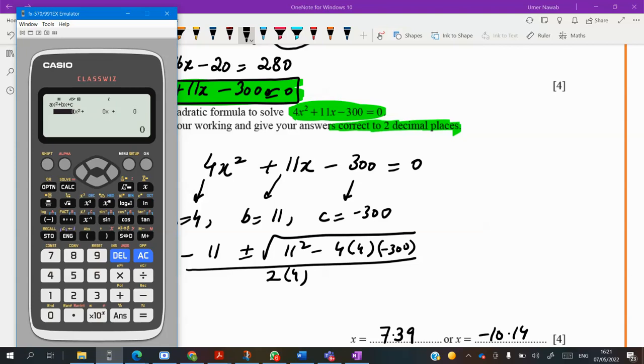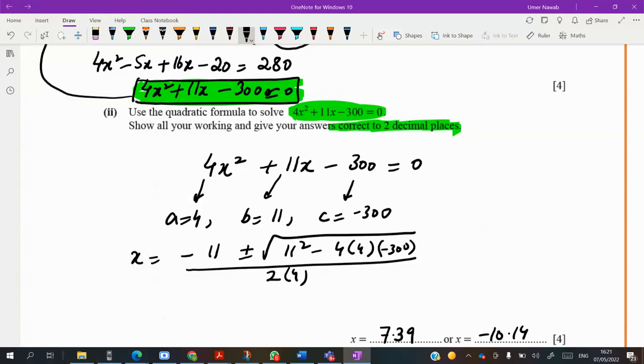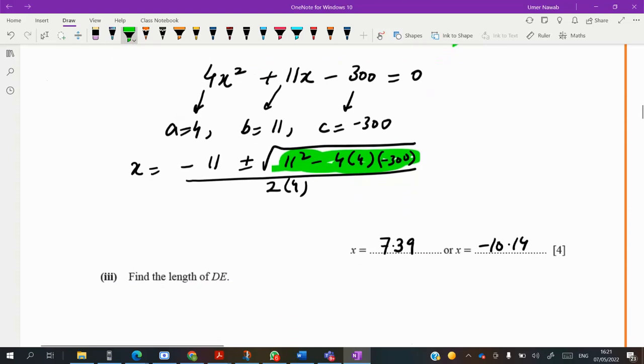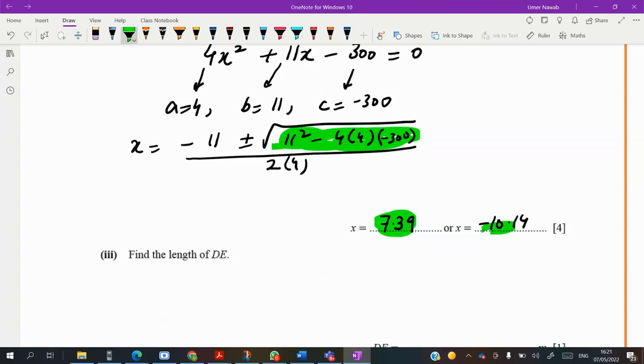That's why it was giving answers not in a third form but in a fraction form. However, you know that you can simplify this and write one more step and show it to the examiner that you didn't use a calculator to get these two answers.